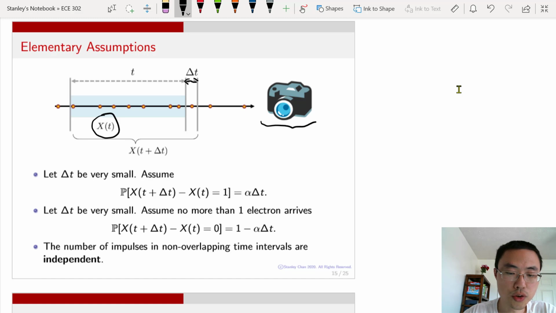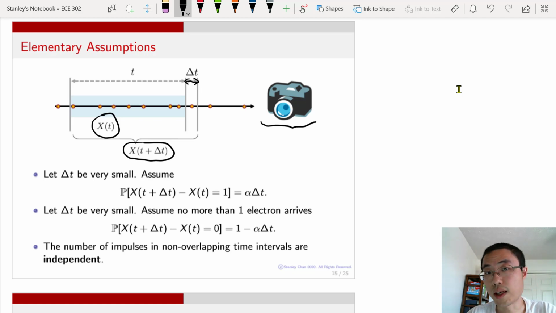If I increase the duration by delta t, then the total number of photons that I will observe will be given by x of t plus delta t. Because I have a longer duration time, I should expect to see more photons. There are three assumptions that we are making here in order to understand the origin of Poisson random variable.